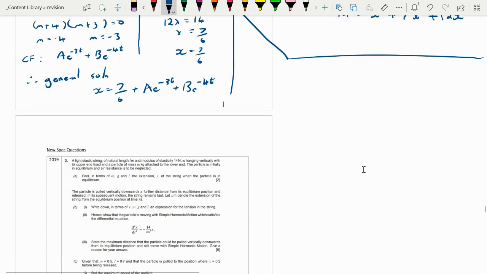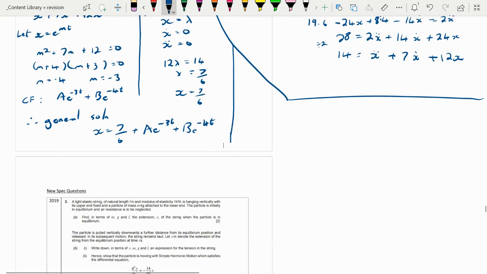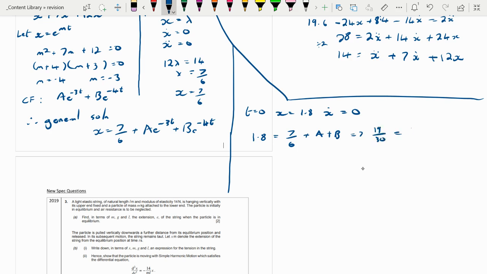And I'm going to go to the side over here. So I know that when t is 0, x is 1.8 and x dot is 0, because velocity is 0. So I can plug in the first ones into this general equation here. So I end up with 1.8 equals 7 over 6 plus a plus b, which I can rearrange to give me 19 over 30 is a plus b, and there's one equation.